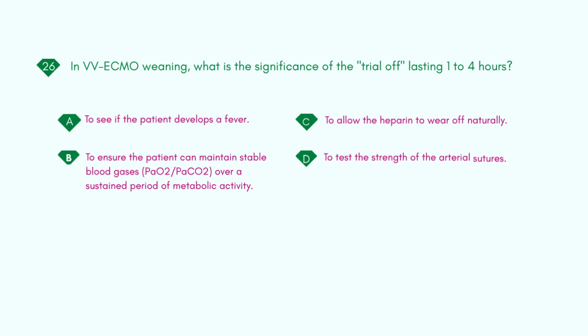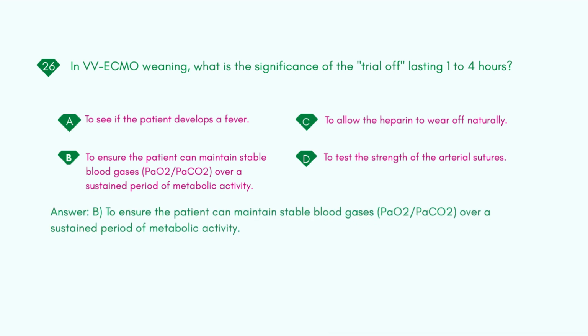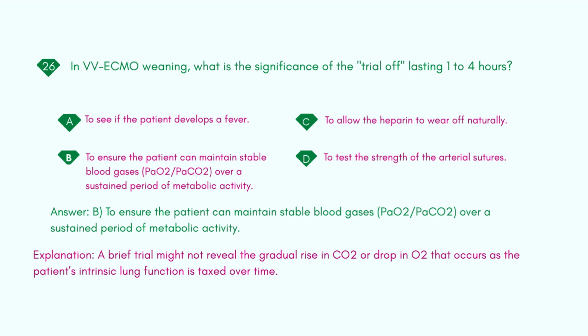D. To test the strength of the arterial sutures. Answer: B. To ensure the patient can maintain stable blood gases, PAO2/PACO2, over a sustained period of metabolic activity. Explanation: a brief trial might not reveal the gradual rise in CO2 or drop in O2 that occurs as the patient's intrinsic lung function is taxed over time.